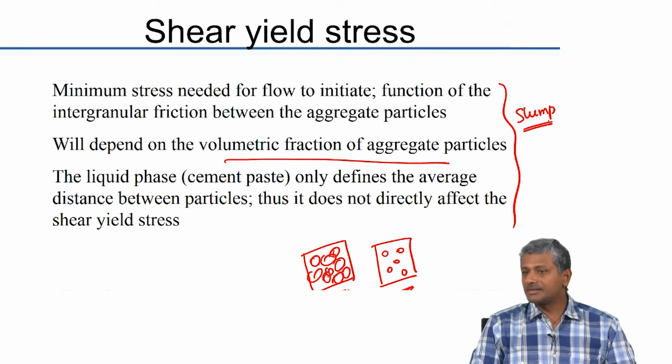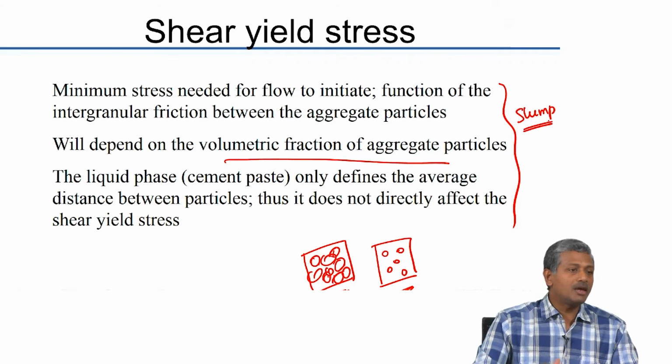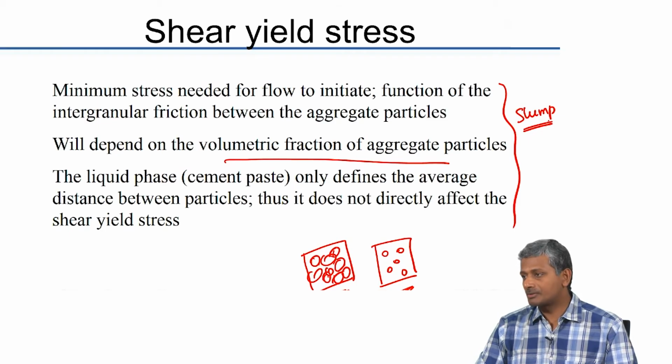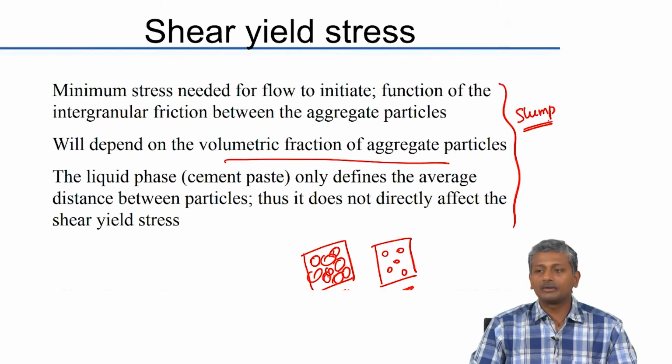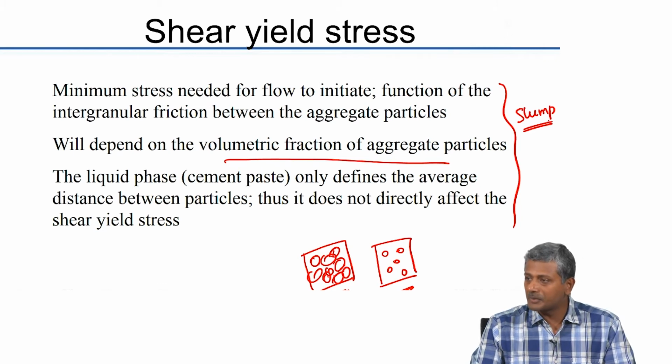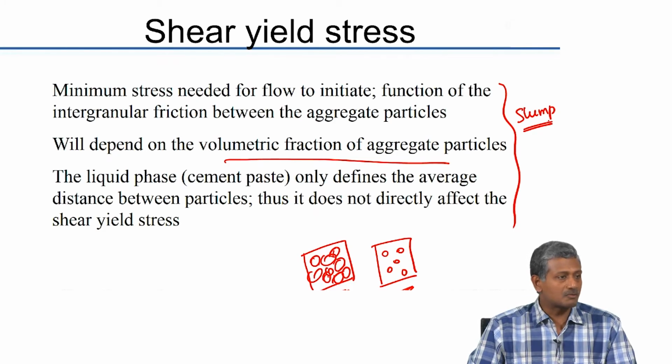The slump of the concrete is essentially conveying some idea about its shear yield stress. What is the innate energy or minimum stress required for flow to get initiated? That is defined by the slump, okay, and slump is essentially a measure of your shear yield stress. Then we need one more parameter to define how this material is going to be compacted and finished, and that is where we have to rely on plastic viscosity.